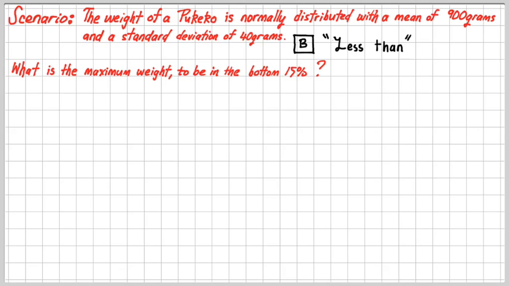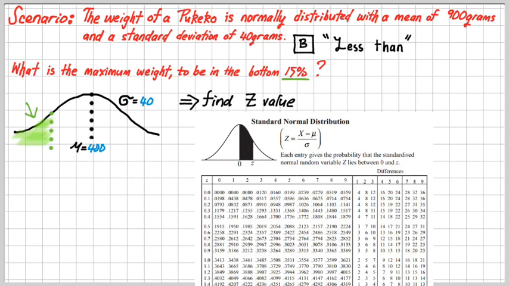This is the less than case, and the first thing we should do when faced with a situation like this is sketch what we know. So the mean and standard deviation are as before, but we're looking at that left tail there in the green.